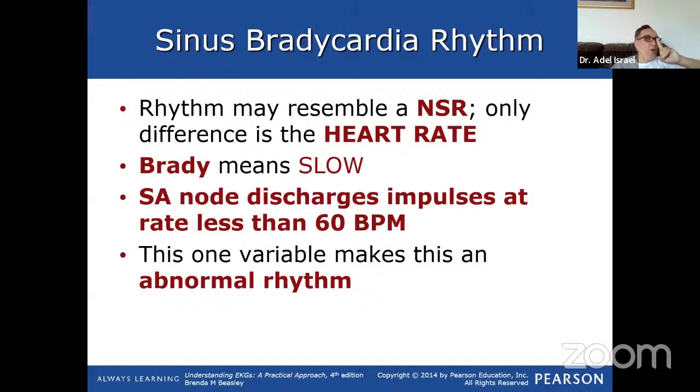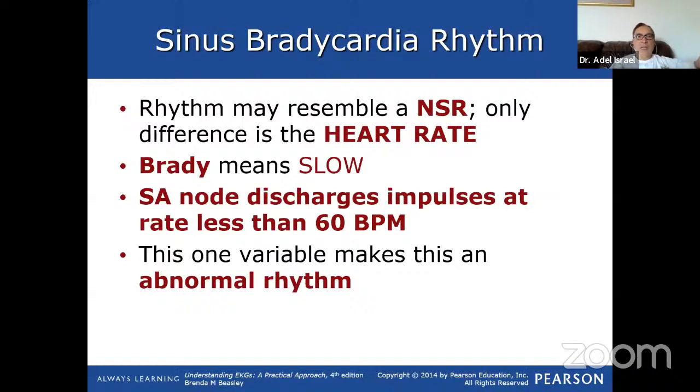So this is the only variation out of the normal. So we will say sinus bradycardia. You got it? So we have only one abnormal issue, which is the heart rate.